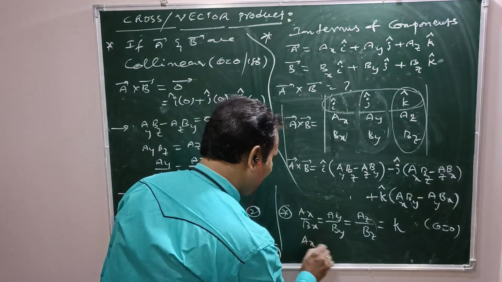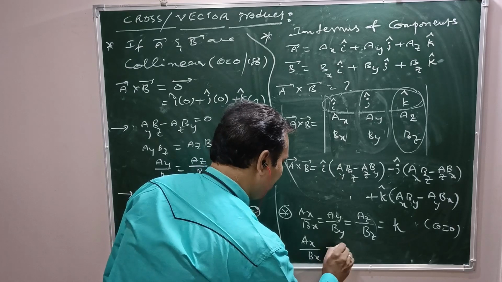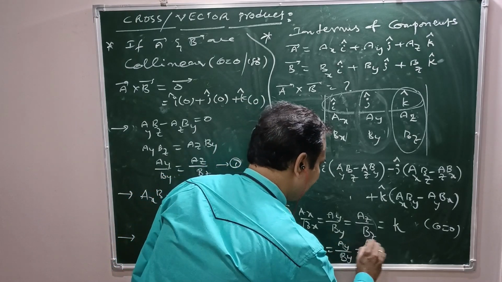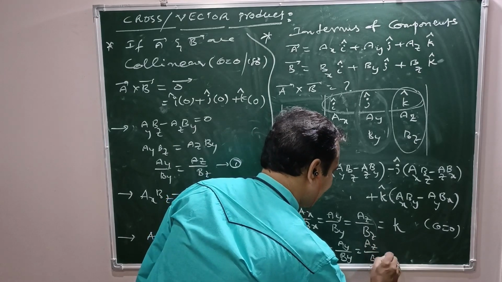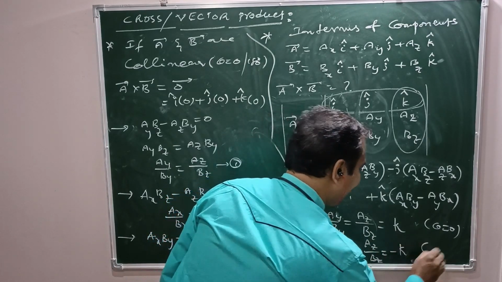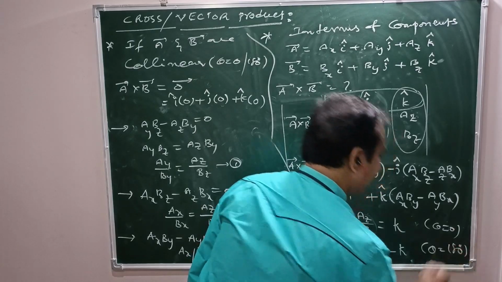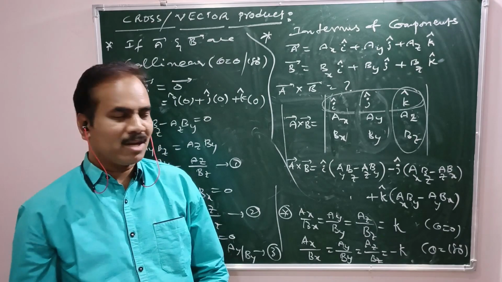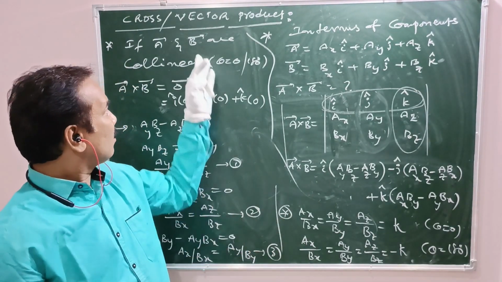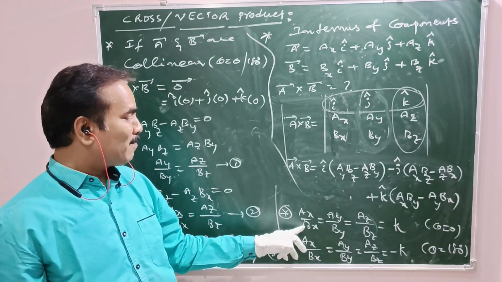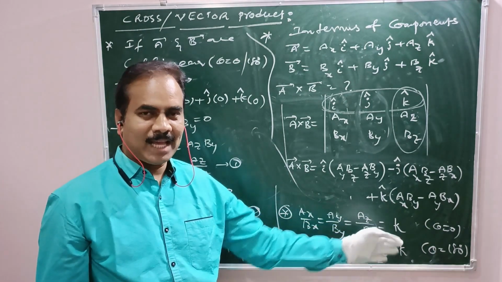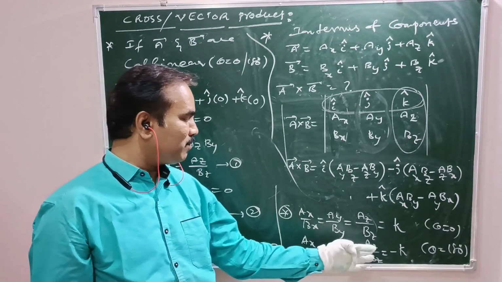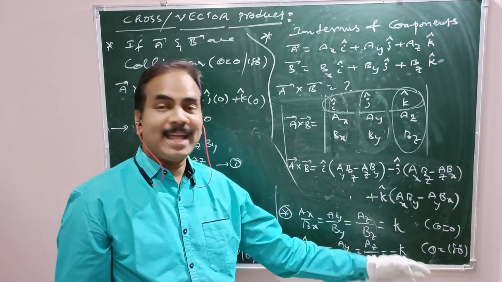So ax by bx equals ay by by equals az by bz equals minus k, provided theta is 180 degrees. As far as parallel non-zero vectors are concerned, the ratio of similar components must be a positive constant. As far as anti-parallel non-zero vectors are concerned, the ratio of similar components must be equal to a constant, but a negative constant.